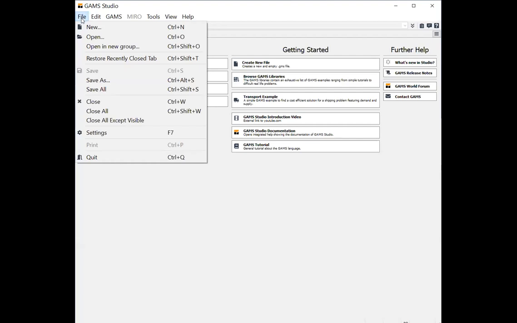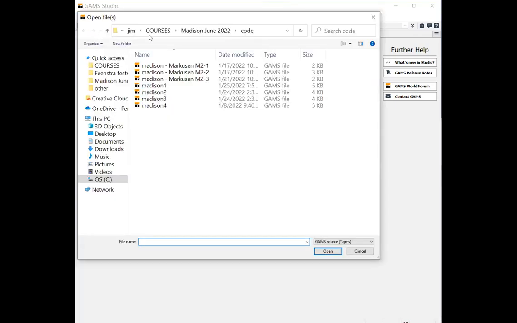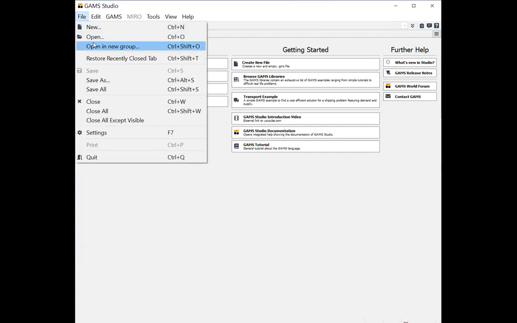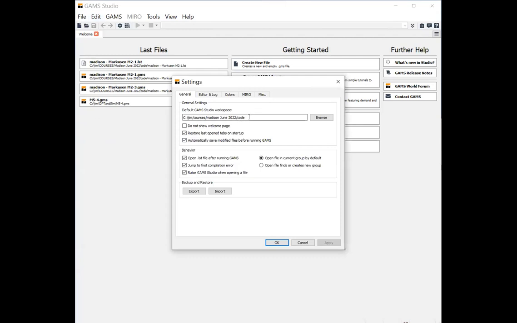I never know how much detail to go into, but you can say open and you can specify a path just like you would normally do in Windows. I've never used Apple, so that's up to you to learn. Using the word settings, you can specify a path down here in settings.